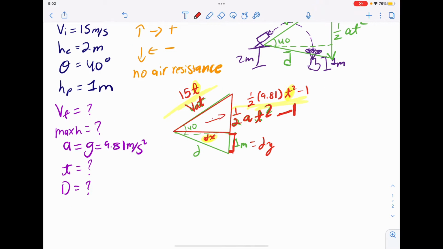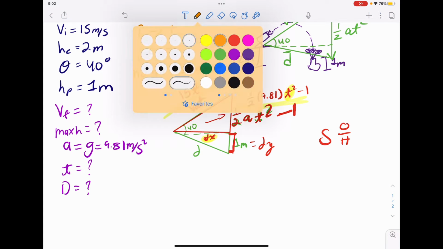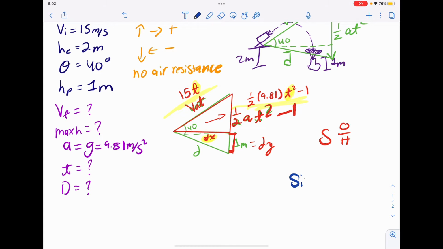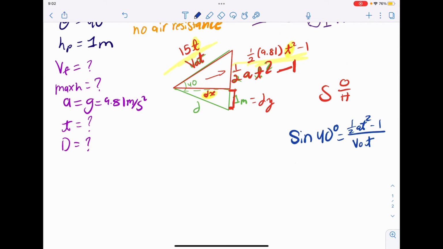That would be sine, right? Sine is opposite over hypotenuse. Let's change the color. Okay, so sine of 40 is going to be opposite, which is half AT squared minus 1, over V naught T. We can go ahead and replace that.